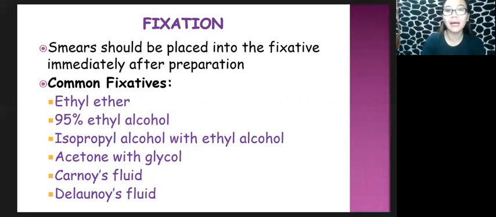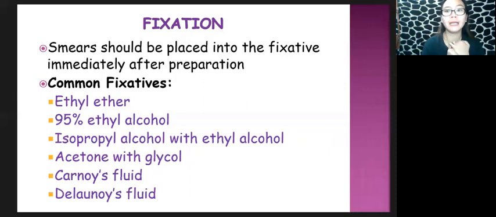Because remember that your cells exist as cells only, not as part of a tissue. Since they exist as cells only, and not cells that are part of a tissue sample, they tend to undergo disintegration faster.